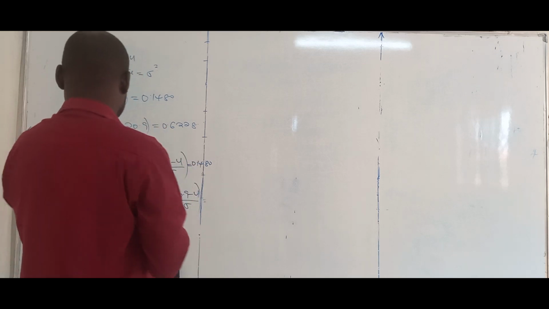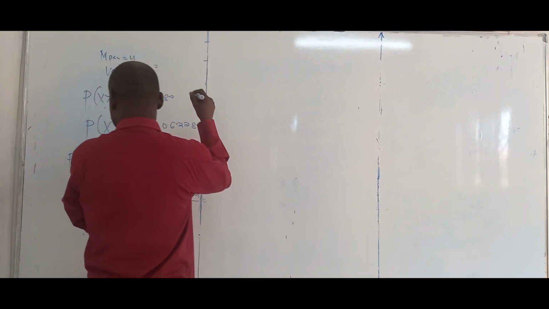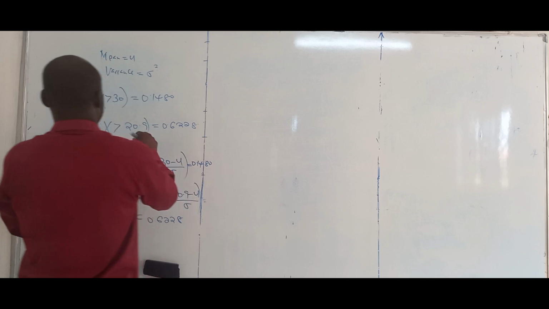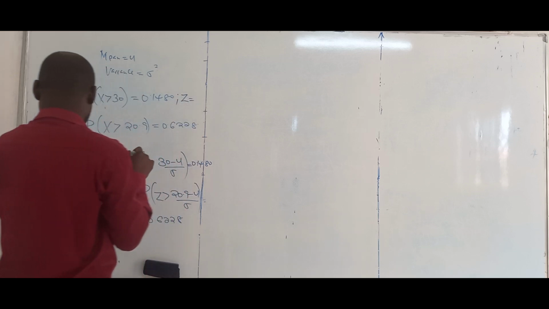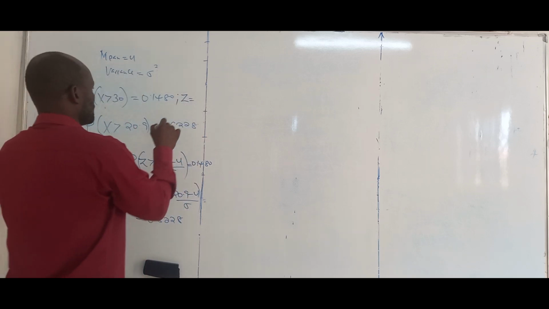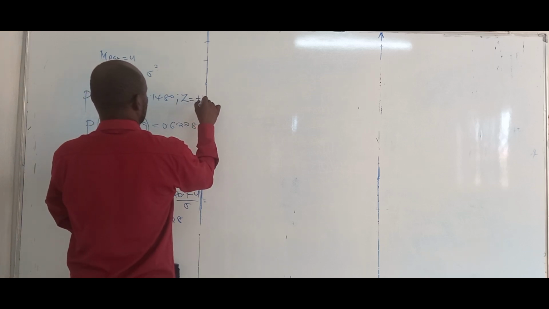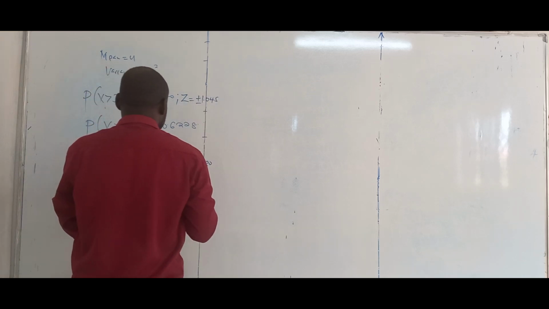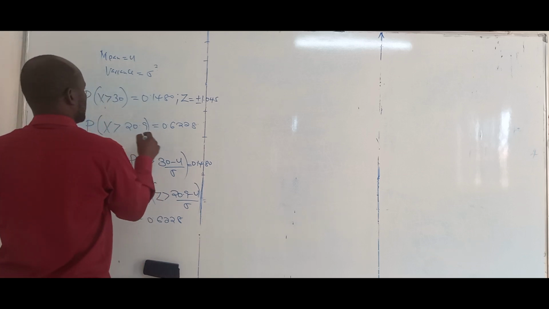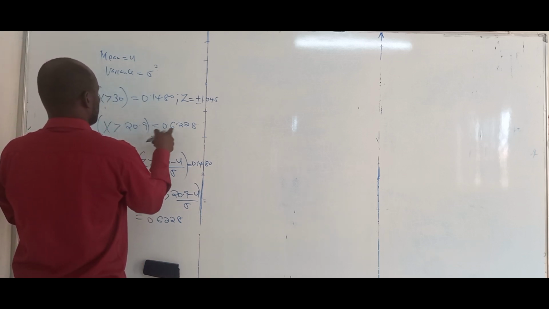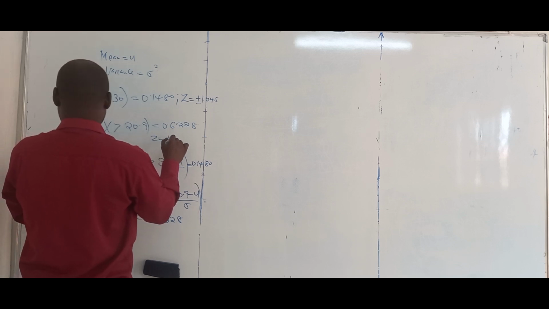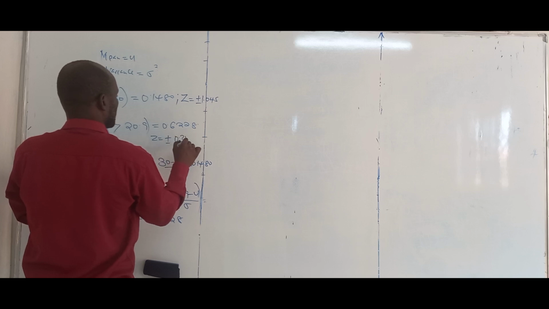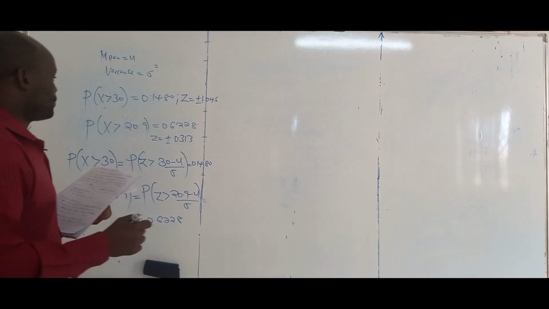As we have seen, for the first case the Z value is 1.045, and for the second case the Z value is 0.313 as we have seen from the tables.